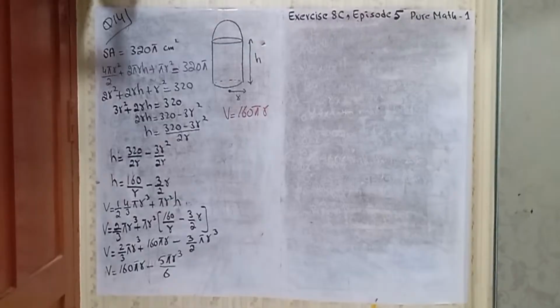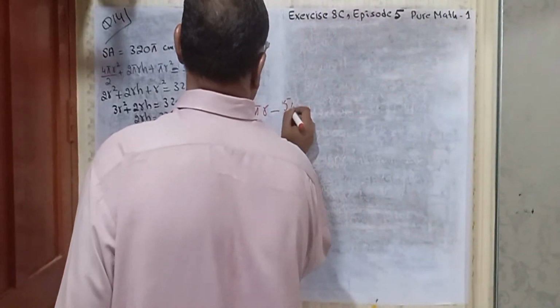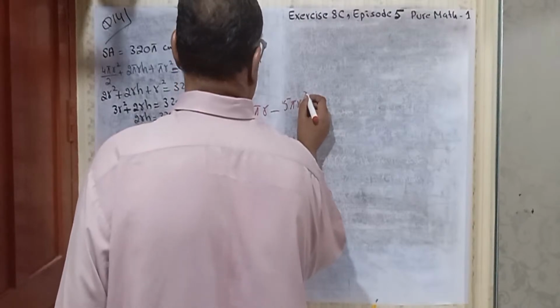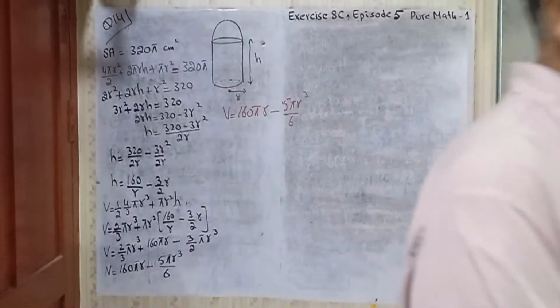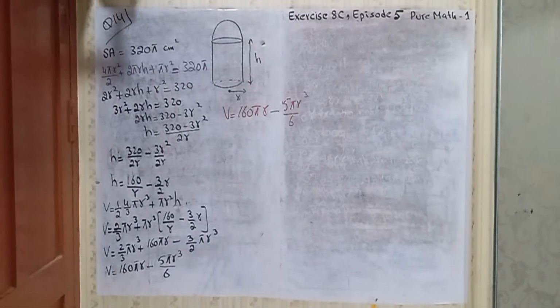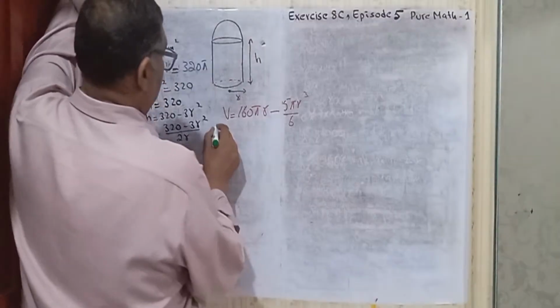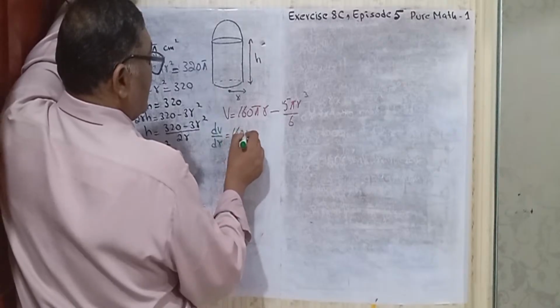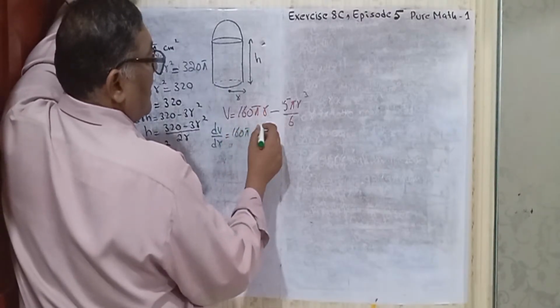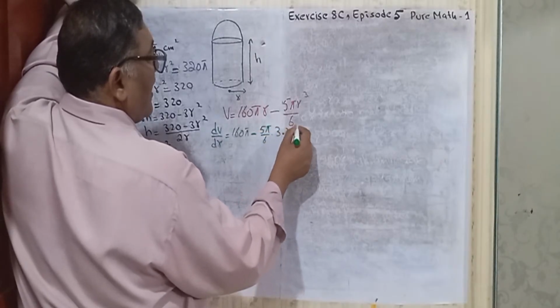Okay, so V equals 160 pi R minus 5 pi R cube divided by 6. So this is the value of the V. Now we are going to differentiate it, dV by dr. So dV by dr will be equal to 160 pi minus 5 pi by 6 into 3 into r square.